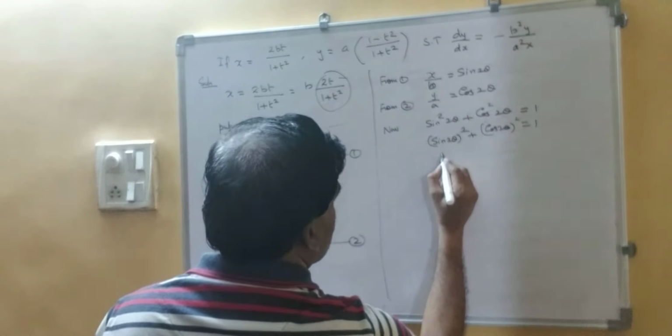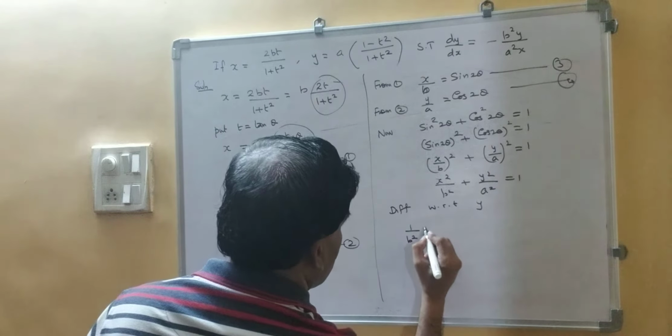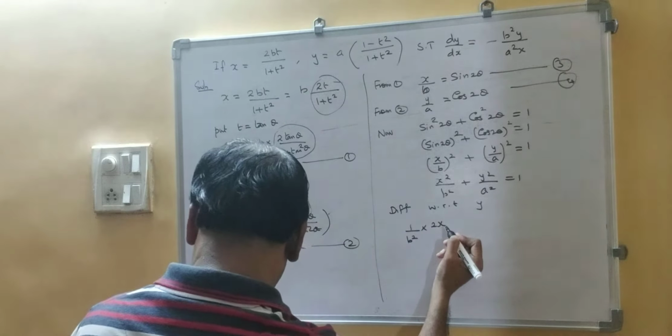with respect to y. So what is the derivative of this? 1 by b square into 2x into dx by dy. Here we are differentiating with respect to y, plus 1 by a square into 2y equal to 0. Right.